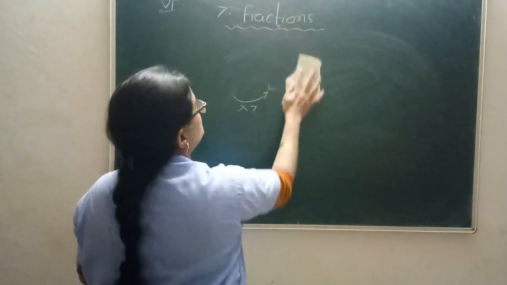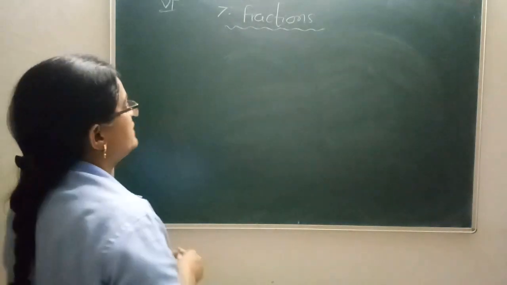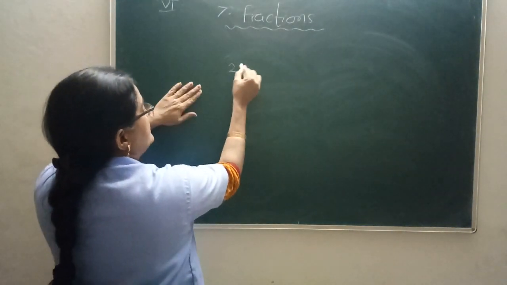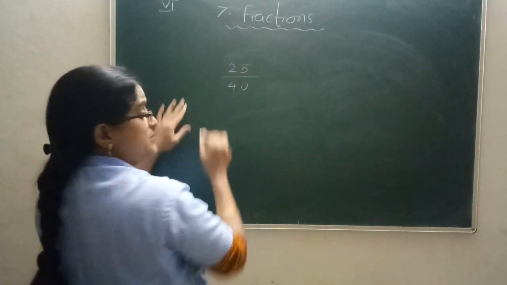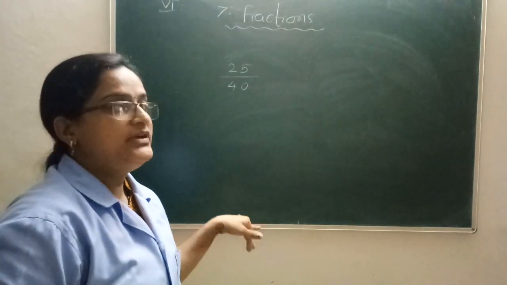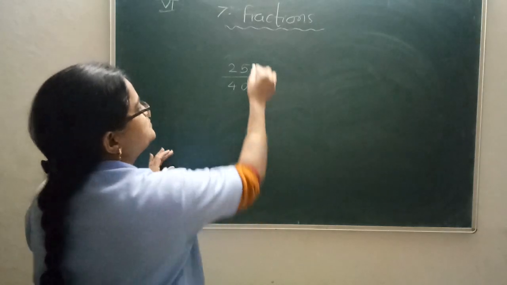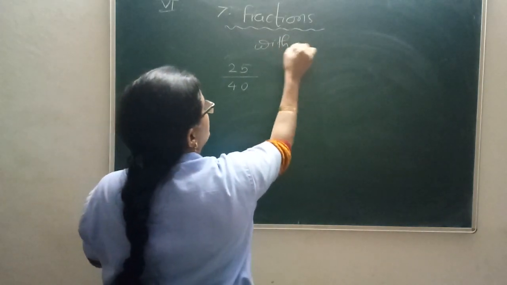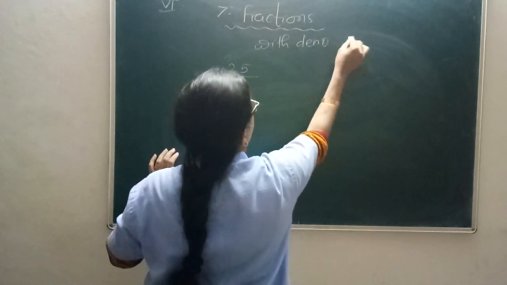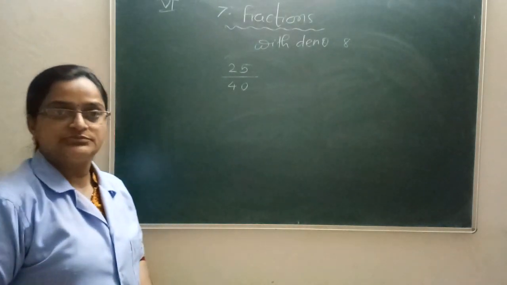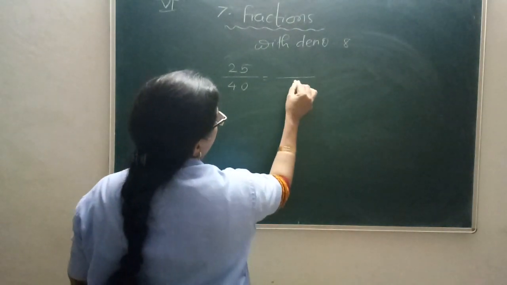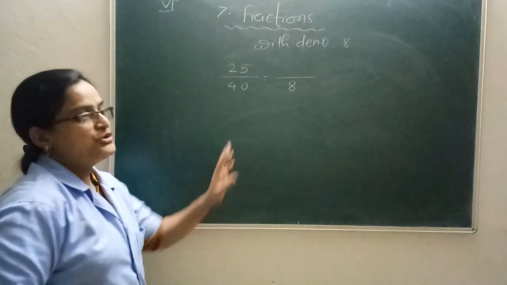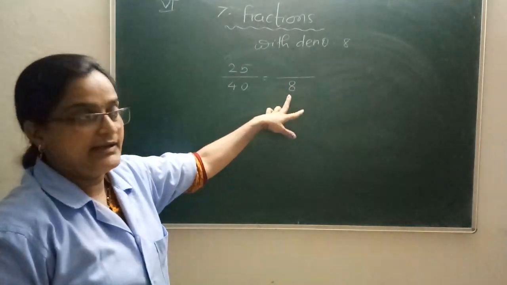Now you may even be asked the question: find the fraction equivalent to 25 upon 40 with denominator 8, suppose. Okay, now let me decide what is to be done. I want to get the denominator 8, right?